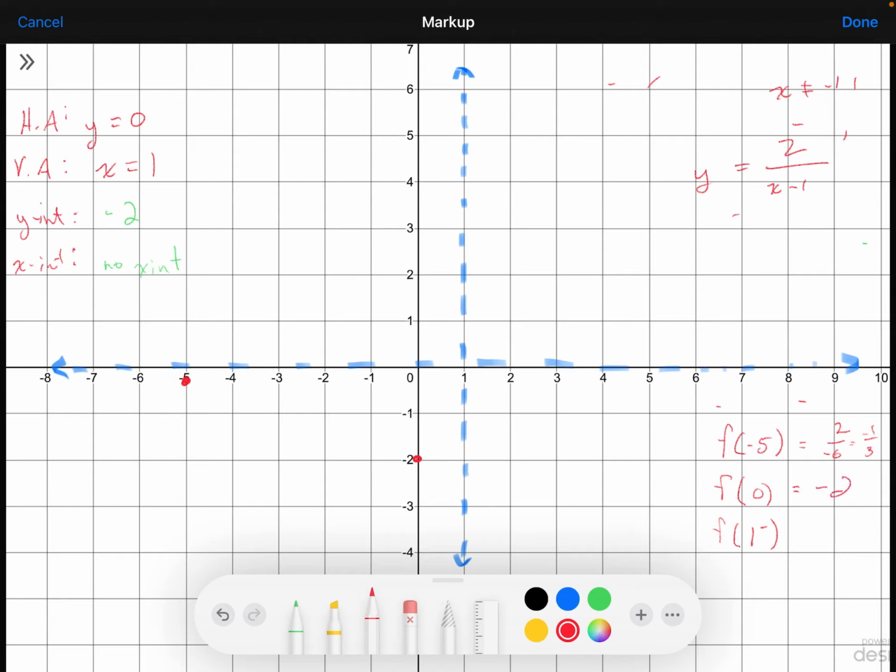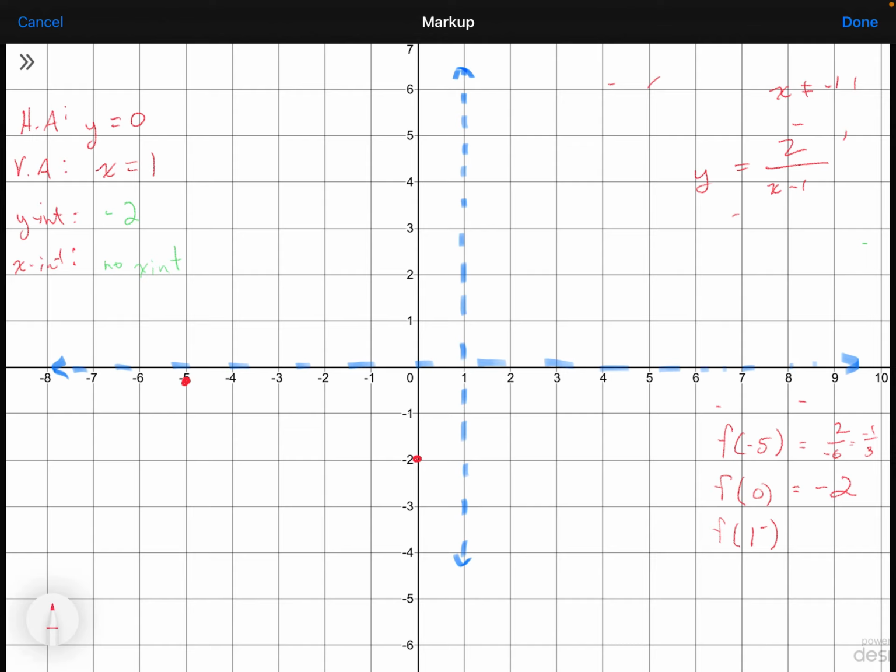If I plug in the f of 0, well, we already found this out, right? Because it's really my y-intercept. The f of 1 negative. Now, maybe I'm just going to put the alternative. This is what I mean. A number that is extremely close to 1, but on the left side. And what we have is 2 over 0.99 minus 1.